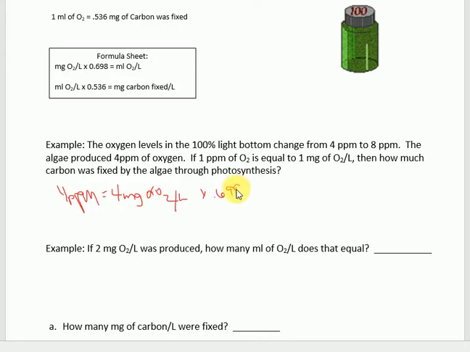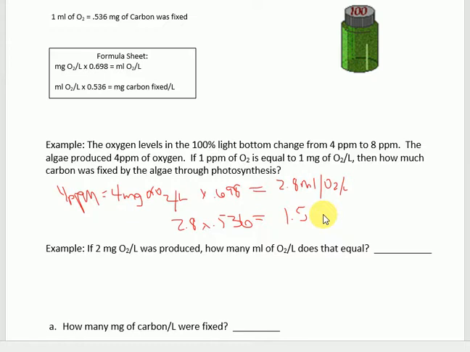And that's going to convert it into milliliters for us, which equals 2.8. Sorry, 2.8, and that will be milliliters of O2 per liter. Then we're going to plug that into our second equation, which would be 2.8 times 0.536. So we know that 1.5 milligrams of carbon were fixed per liter.